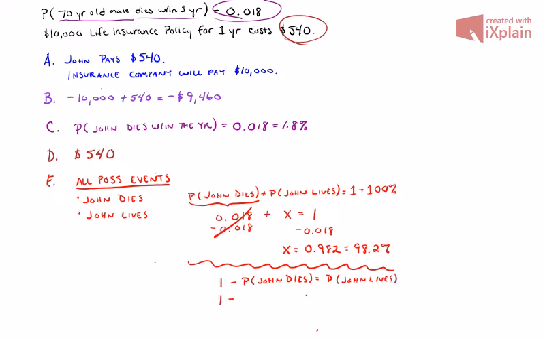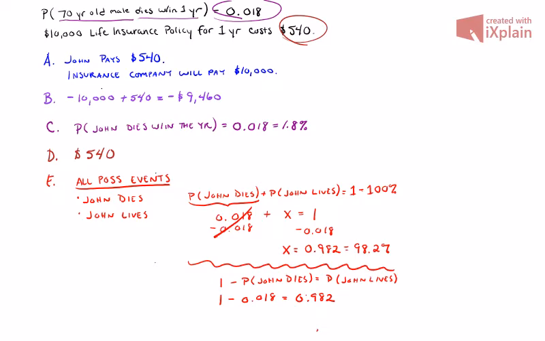So this would be 1 minus 0.018, which again would give you the result of 0.982. This isn't a coincidence. These are actually two different ways of arriving at the same solution. And if you don't quite see it, what I would encourage you to do is pause the video and really examine what I have written down here.